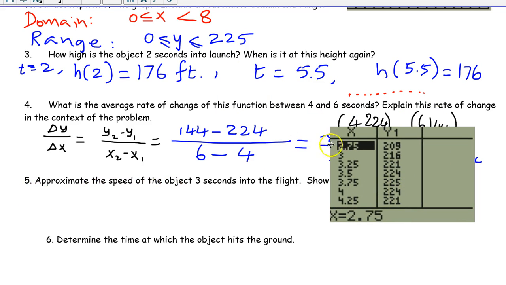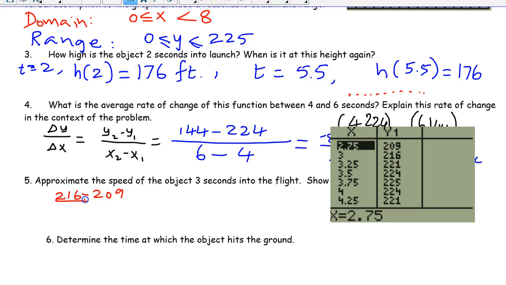How much is it? 216 minus 209. Y2 minus y1, that is 216 minus 209.